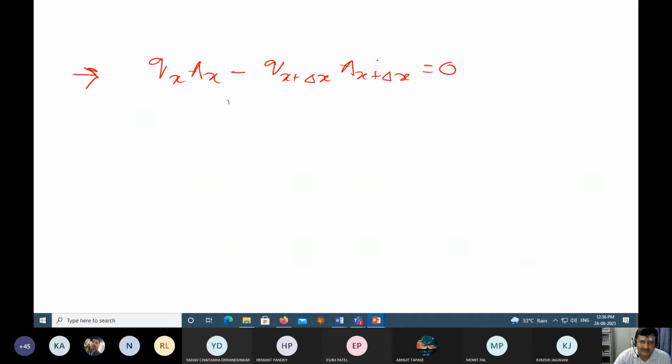So how should I write this differential equation? Limit delta x tends to 0, d of what? A Q, no? A is varying and Q is also varying, right? d of AQ by dx equals 0, correct?